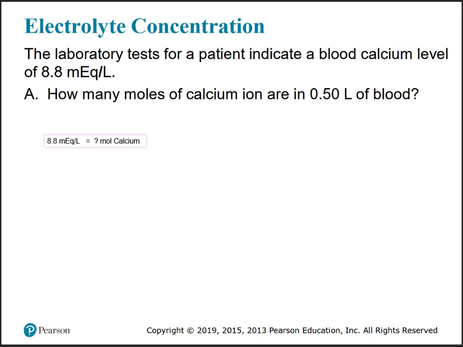We can't just do that straight up. We actually need to break this up into parts. The first part, we're going to have to take the number of liters and convert that to the number of milliequivalents of calcium.